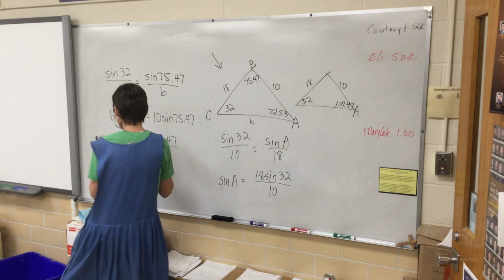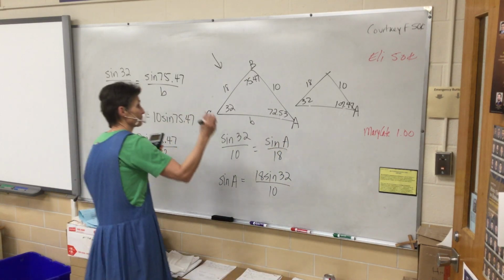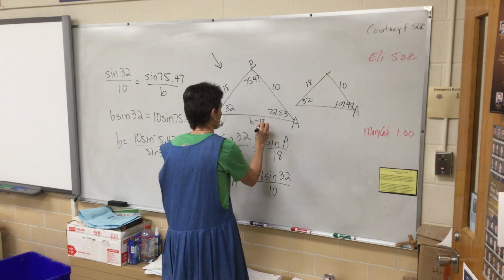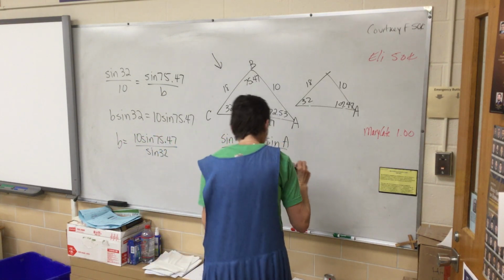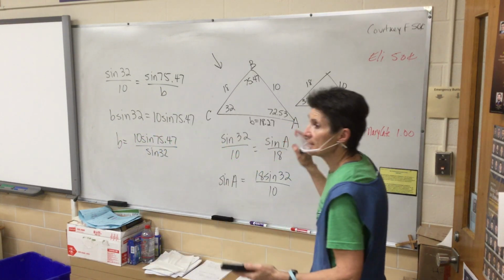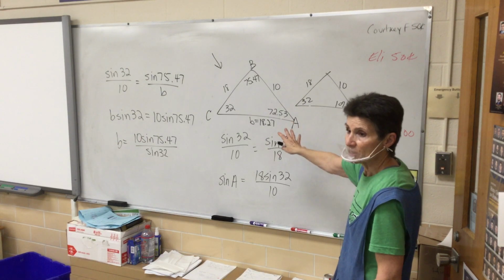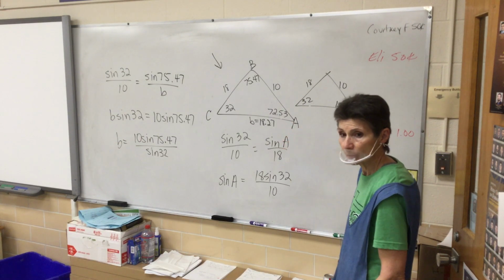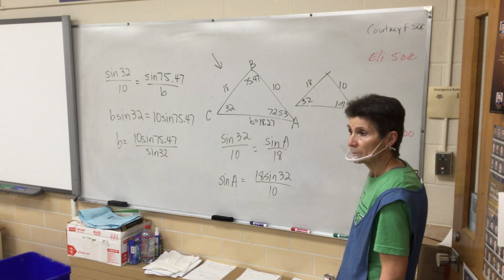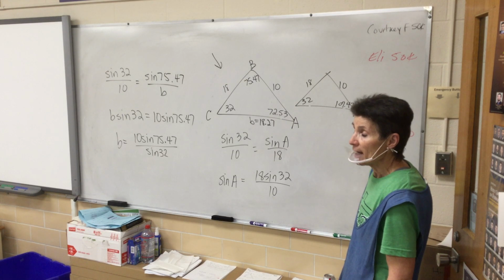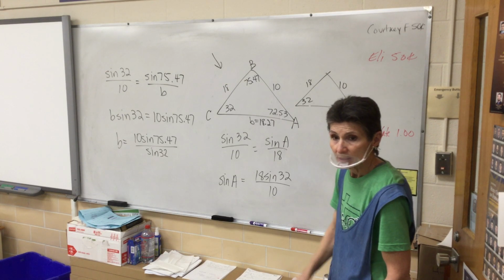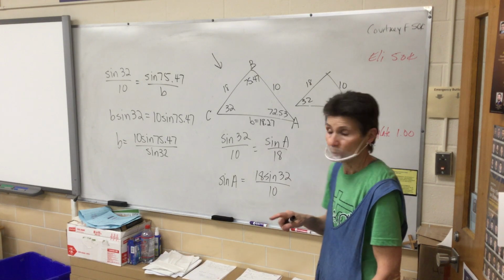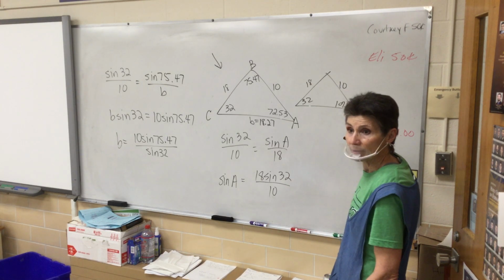I got 18.27. So the first possibility is now finished. Would everyone agree with that? Now, guess what we get to do? Same thing, only we're doing it with this triangle now.